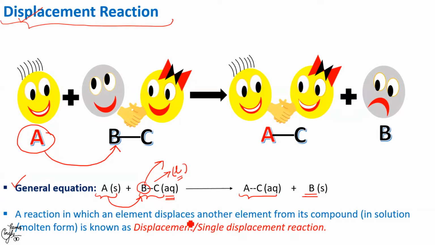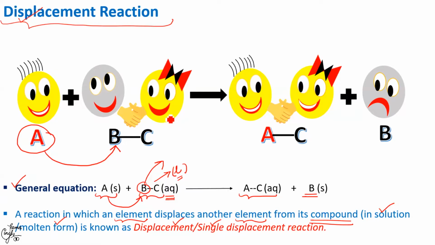Coming to the definition of displacement reaction, which is also known as single displacement reaction, we say it is a reaction in which an element displaces another element from its compound. And what is the important thing you need to remember? That this compound should be either in solution form or molten form.